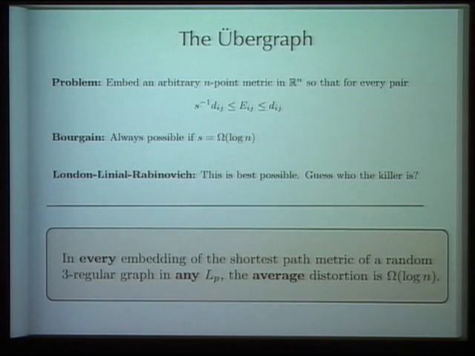So for example, if you take a random 3 regular graph, and your metric is the shortest path metric on the vertices of this graph, so the distance between 2 points is their path distance in that graph, then every embedding of this graph in any Lp norm, not just L2, not just Euclidean space, is going to distort on average by a factor of log n. So this is as bad as it could possibly be. It's for every Lp, and the average distortion is log n. It's not that there is an exceptional, tiny fraction of distances for which things will go badly. Things will go badly in a very strong sense.